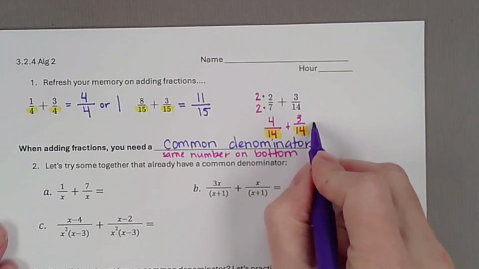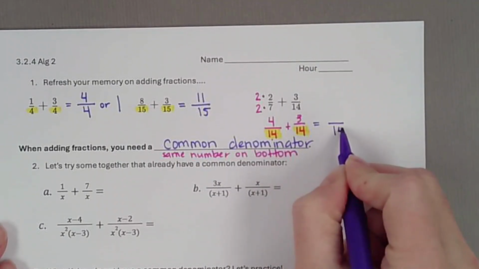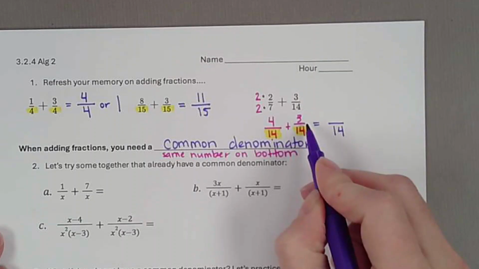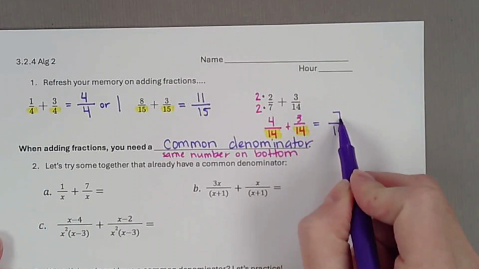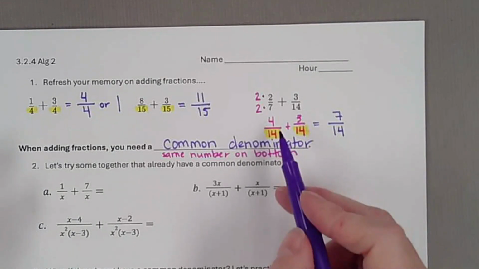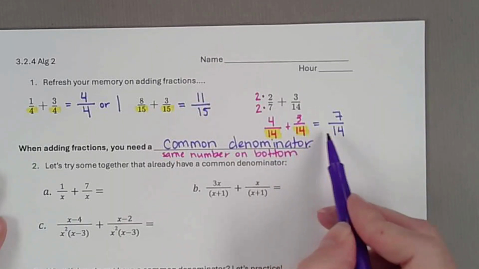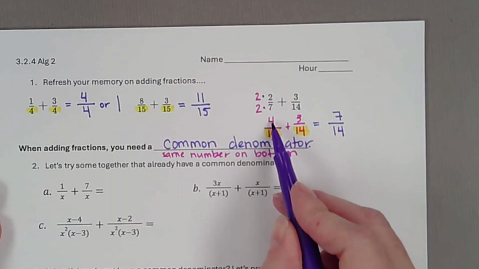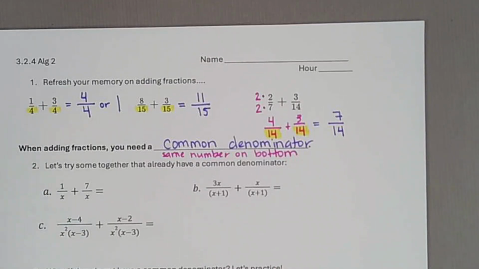So I know that the denominator is still going to be 14, and then I'm going to combine the tops. I have a 7 on the top and a 14 on the bottom. Some of you might recognize that that simplifies to 1/2. So if you want to write your number as 1/2, that's fine. But again, what we're looking for is the fact that the denominator stays the same and that we add the tops together.